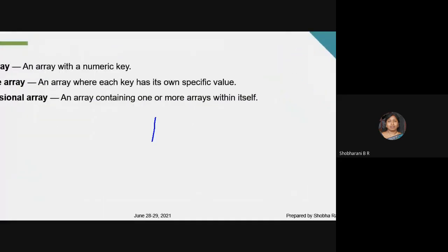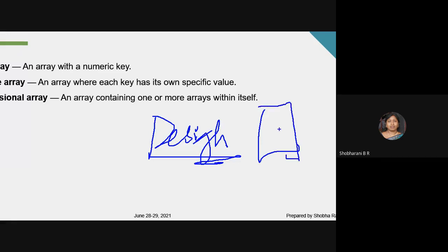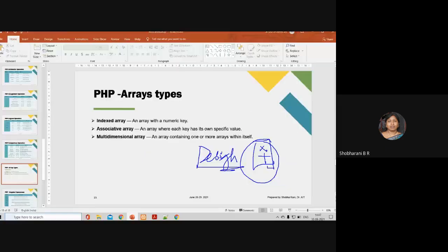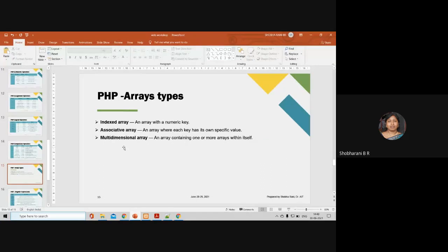HTML is only for design. It only knows how to make it very beautiful, how to make it very responsive or an attractive page. But only the server can understand whether it has to add it or whether it has to delete it. The server has to find out all this. So in that process, you have information to understand about the language.